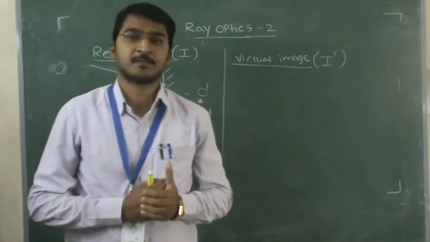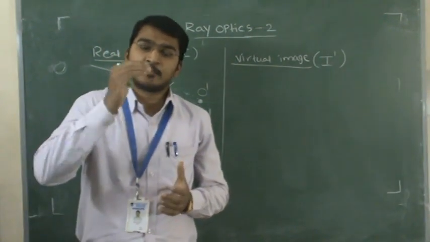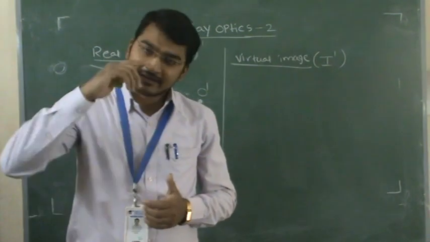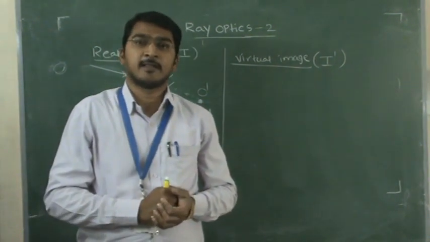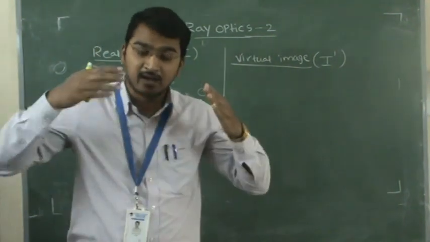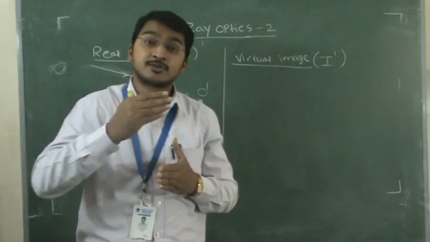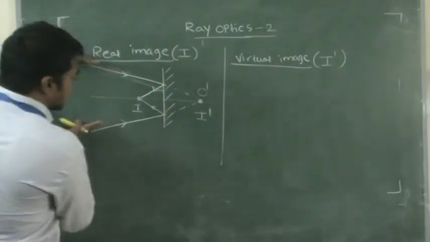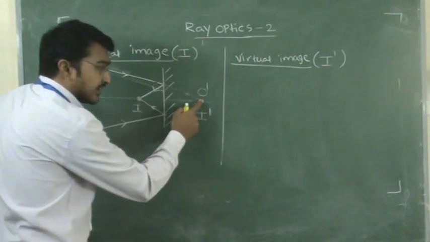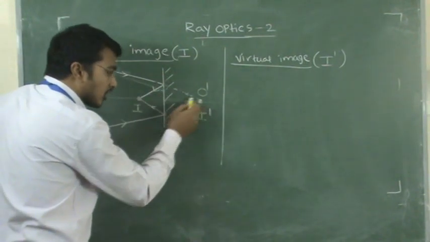Virtual image definition: the point where the reflected or refracted rays appear to meet, not actually meet, and appear to intersect, not actually intersect. So these rays appear to intersect but are not actually intersecting here. That's why I am indicating them with dots.